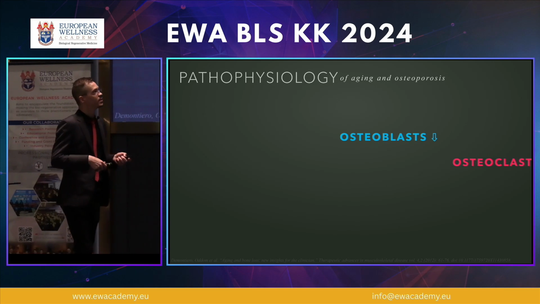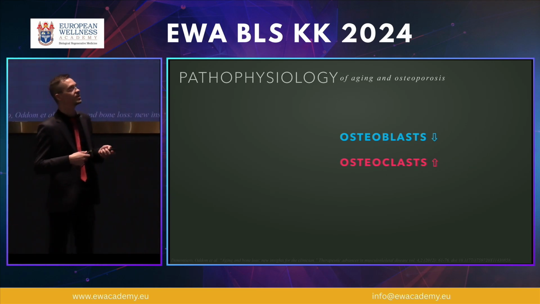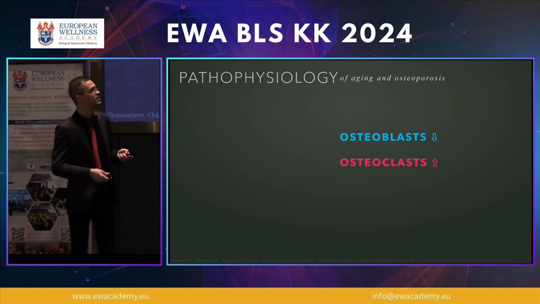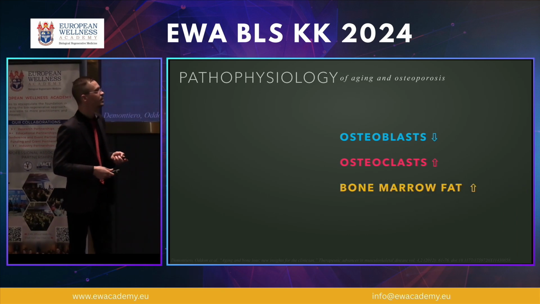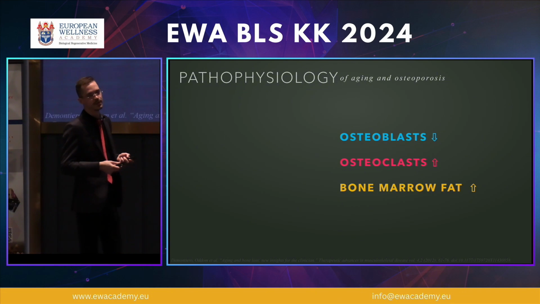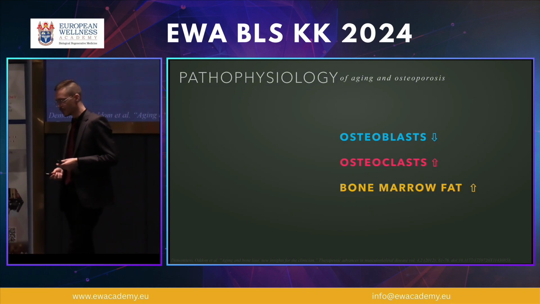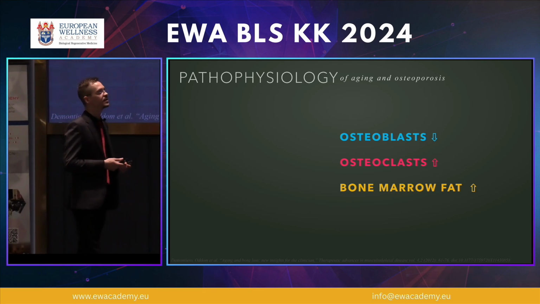Pathophysiology of aging in terms of bone tissue is decrement in osteoblasts that form the bone, increment of the activity of osteoclasts that resorb the bone, and then bone marrow fat. Same as in the muscles, we can observe infiltration of the fat tissue. Same as in liver, we can observe fatty liver disease.